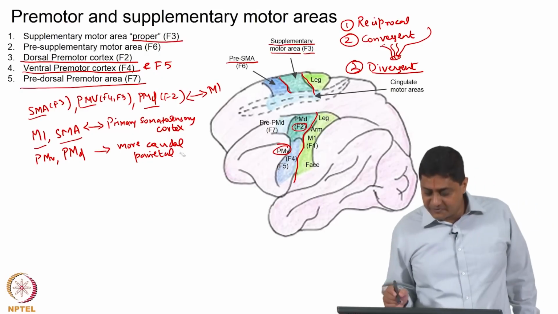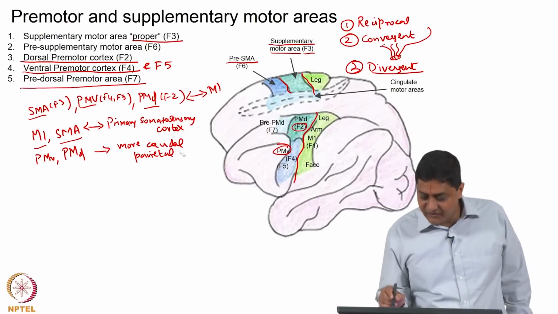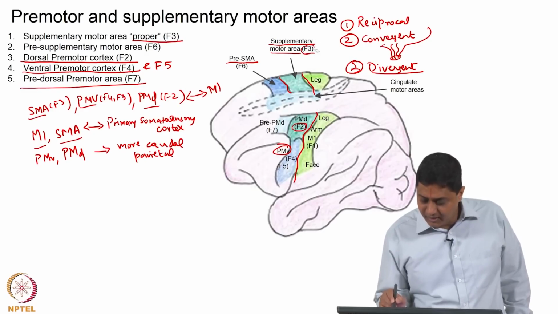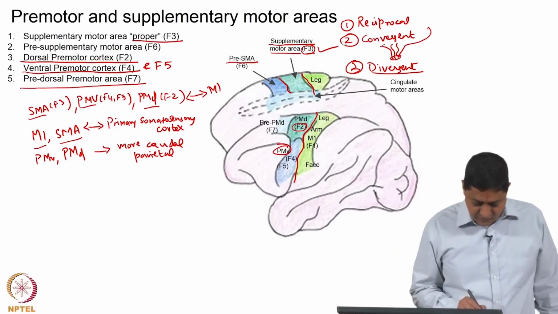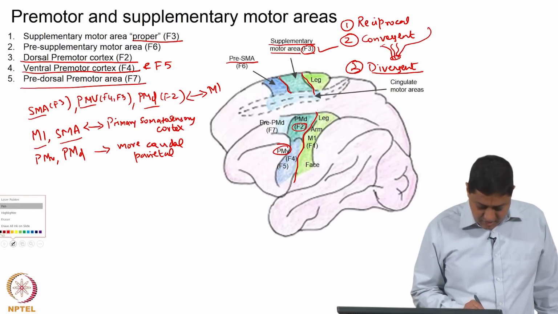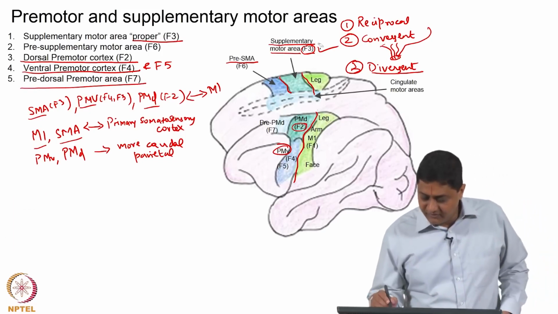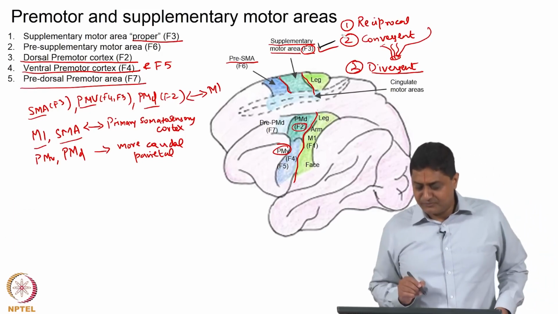Critically, the following must be noted. What we have discussed so far is that the supplementary motor area proper connects to the primary somatosensory cortex. Whatever we have discussed so far, I will mark in black.